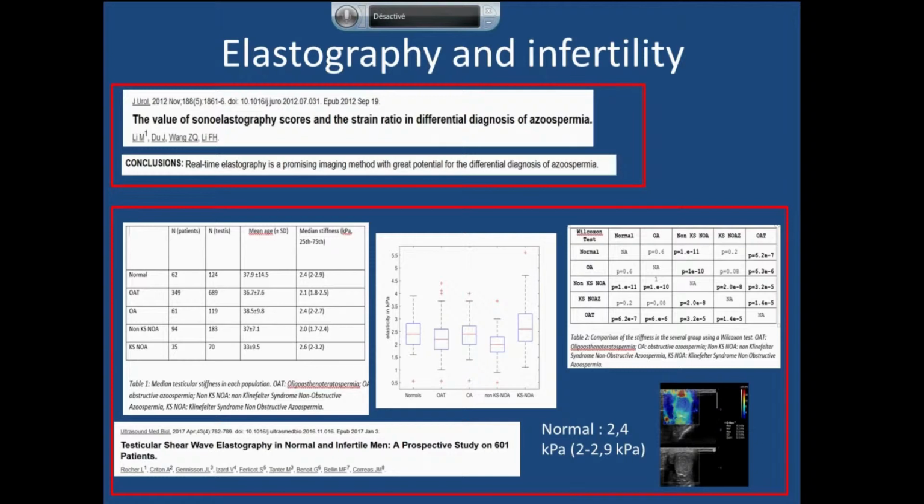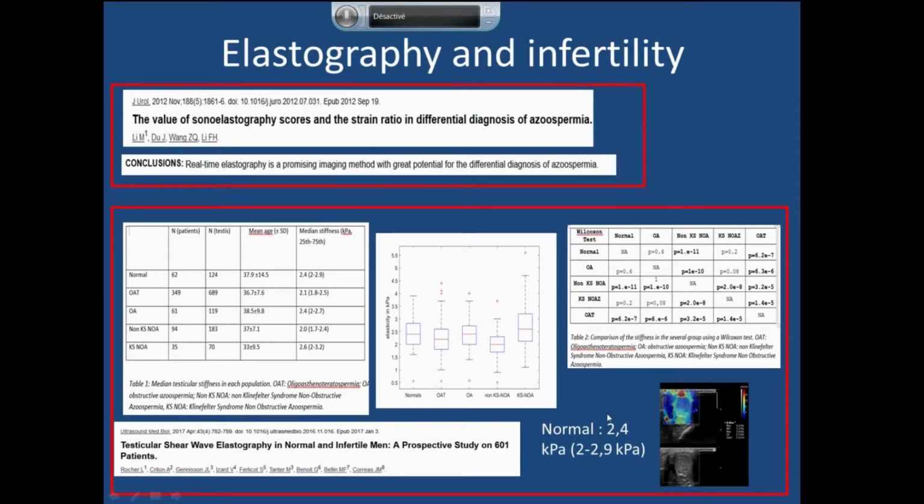And we performed this study with Jean-Michel with about 600 patients, and despite the statistically significant results, we can see that there is really too much overlap in values, and we do not perform that anymore for homogeneous testis in case of infertility.